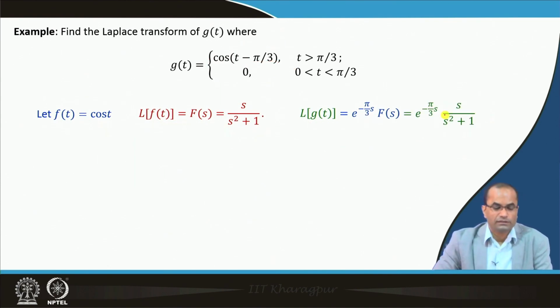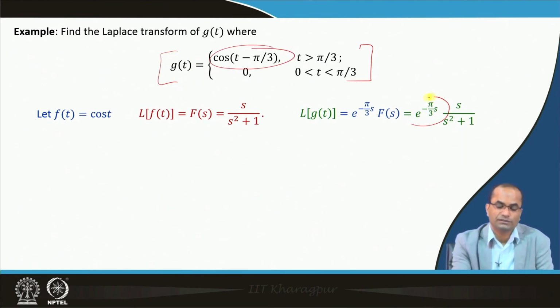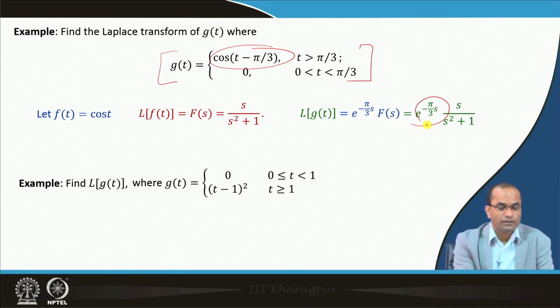So, we are done with this second shifting property, and the application is very easy now. With the help of this we can directly write down the result just by multiplying by e to the power minus pi by 3 s.